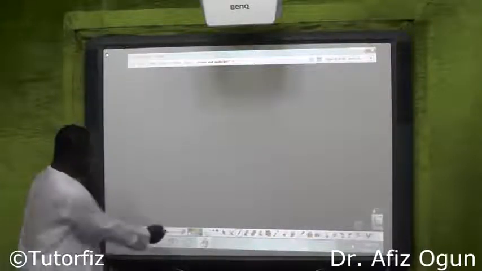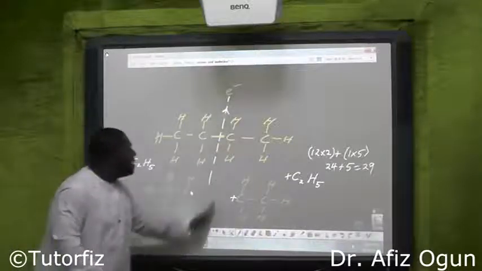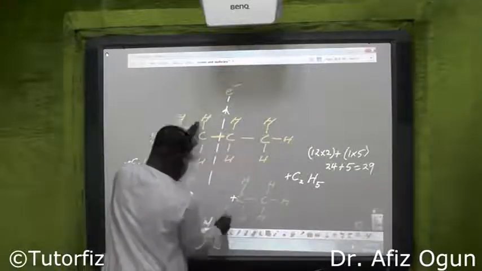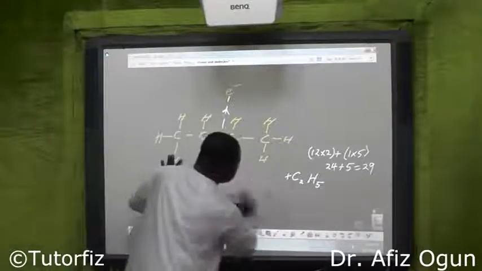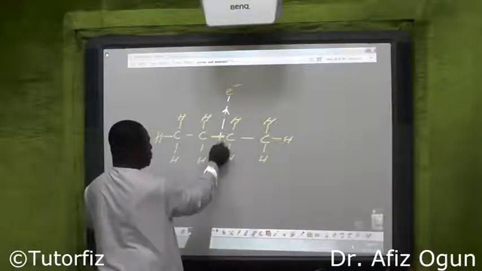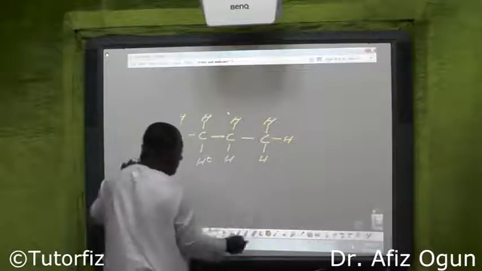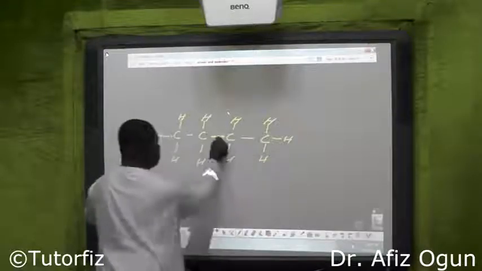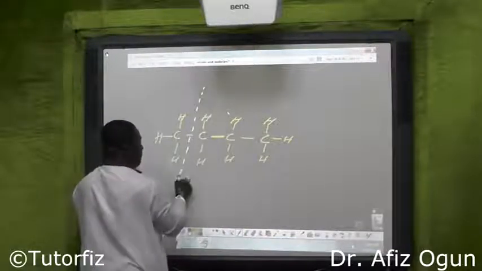Now, we are saying, what if it does not break at the center there? What if it breaks here or here? It means the same thing. We finish with that. You know how we got that. So, now, what if the breakage is here or here?